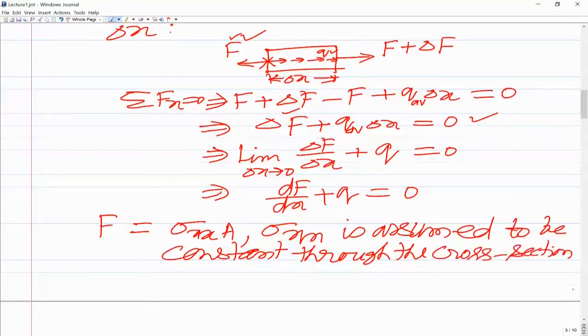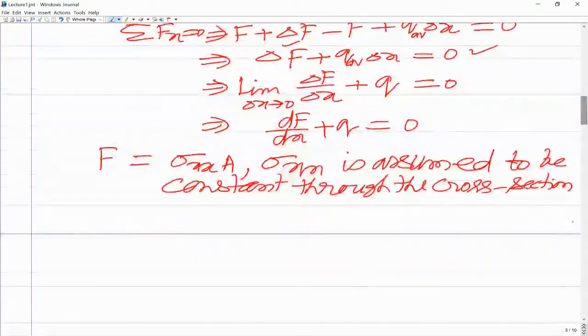So now, we are writing F as sigma xx into A, assuming that sigma xx is uniform, and this would be true if the cross sectional area is much smaller compared to length, or the cross sectional dimension, say d, is much smaller compared to the length of the element.